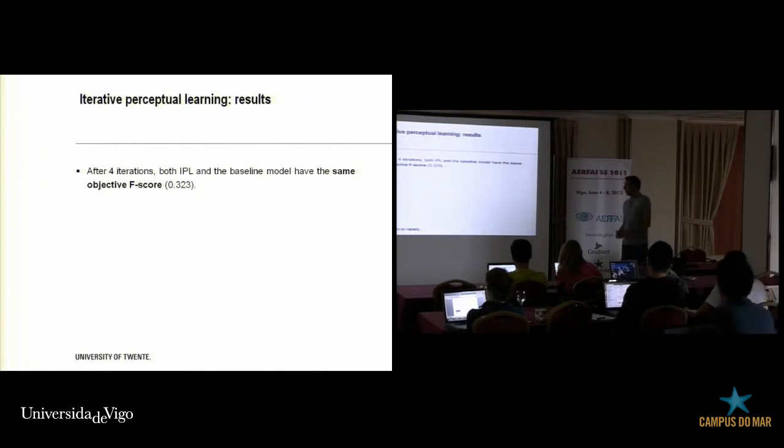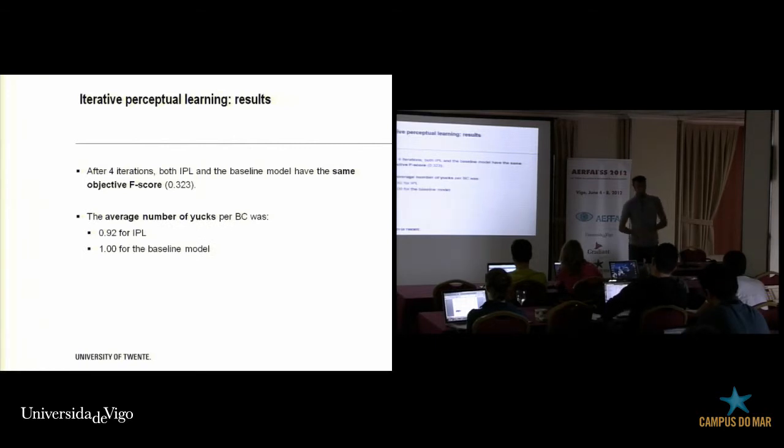So these are the results. We did 4 iterations, and EPL and the baseline model were exactly the same in objective measures. So we calculated the F-score, and it was exactly the same, and it was not that bad. But then if we look at the average number of yucks per back channel, it was slightly different, not too much.